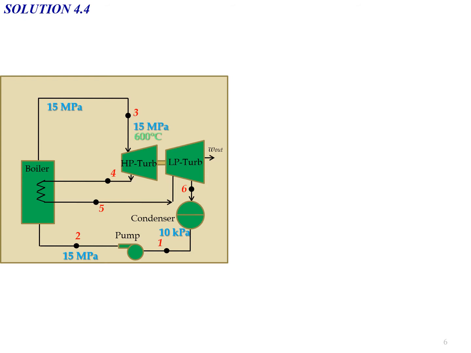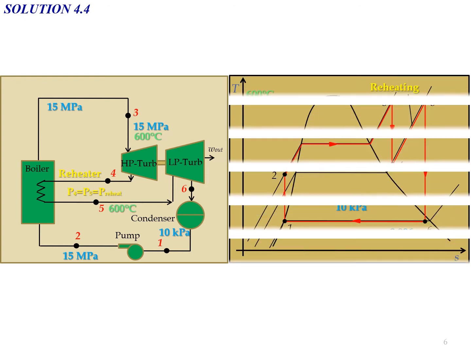We know the temperature at state 3 is 600 degrees Celsius due to the constant heat addition process. The output of it is state 4, and state 4 and state 5 are at the pressure of the reheat. The temperature at the inlet of the low pressure turbine is 600 degrees Celsius.